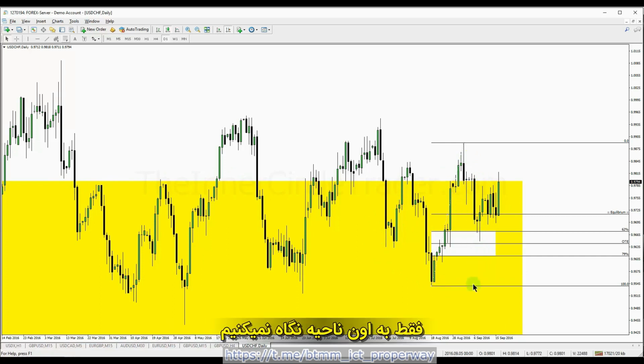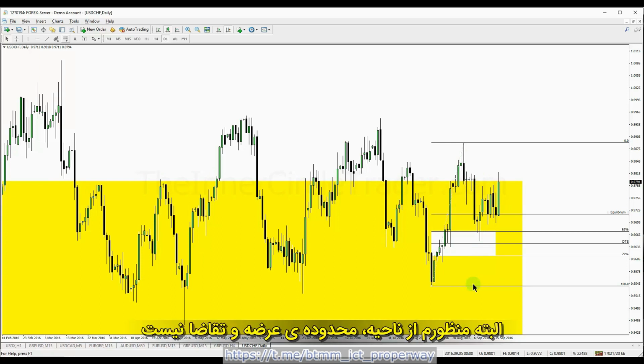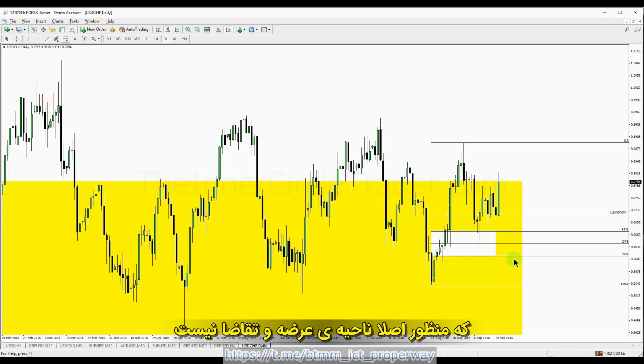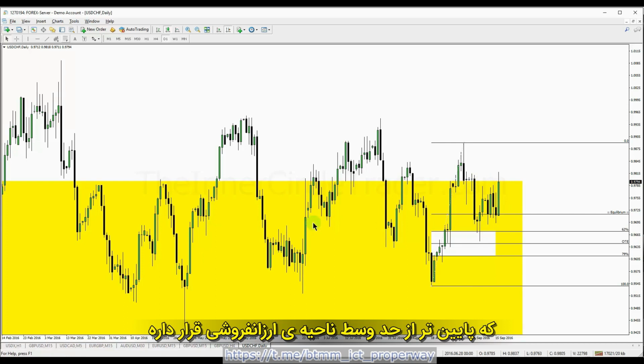We're not just looking at, well, I just used the term zone, but not like supply and demand zone. It's not really defined in the sense that it's supply and demand zones, but it's a total area of valuation where between equilibrium and less, then it's in a discount.